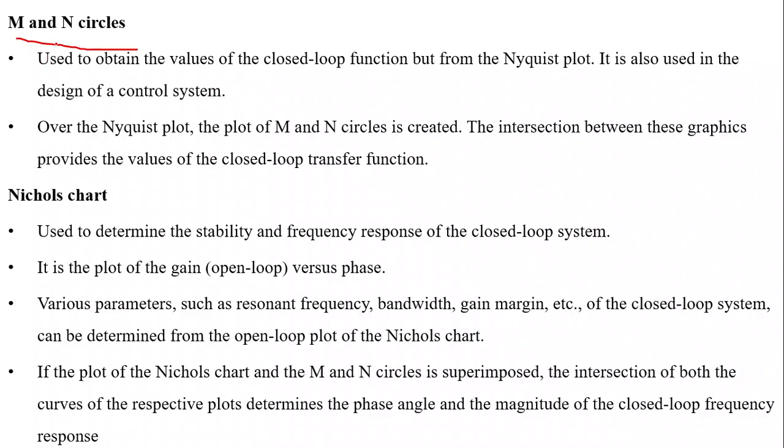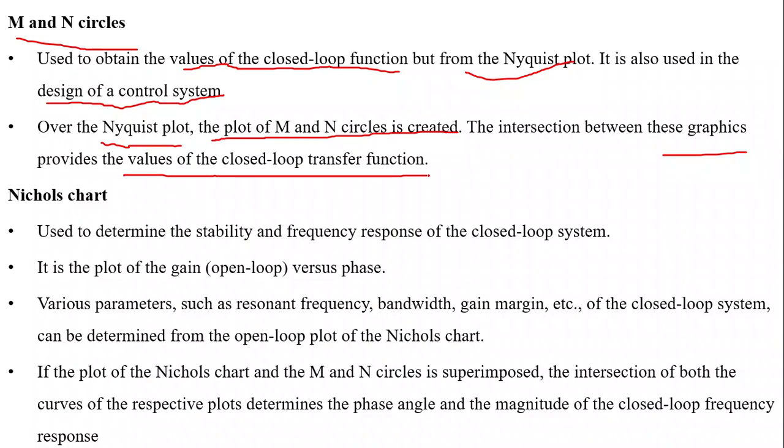The M and N circles are used to obtain the values of the closed loop functions from the Nyquist plot. They are also used in the design of control systems. The plot of M and N circles is created over the Nyquist plot, and the intersection between these graphs provides the value of the closed loop transfer function. So these are all about the M and N circles.